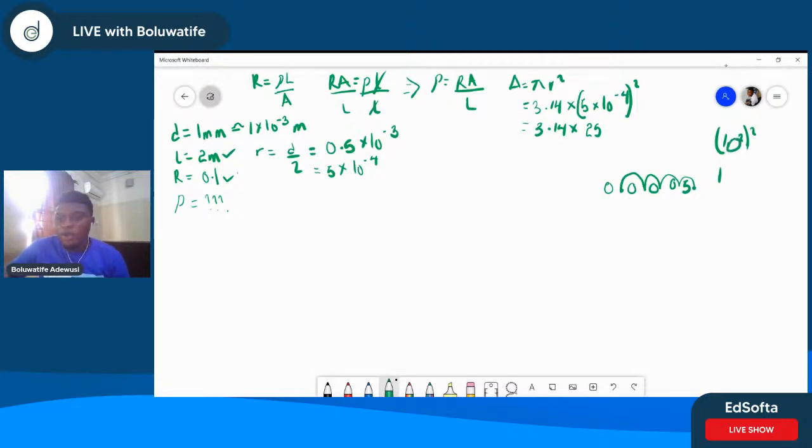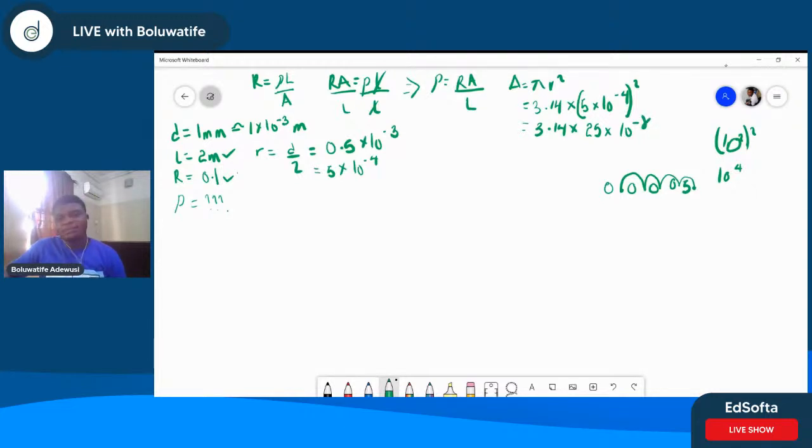According to indices, what you do is multiply the powers outside with what's inside. So using that same logic here, what I'll have is 25 times 10 raised to the power minus 4 times 2, which is minus 8.